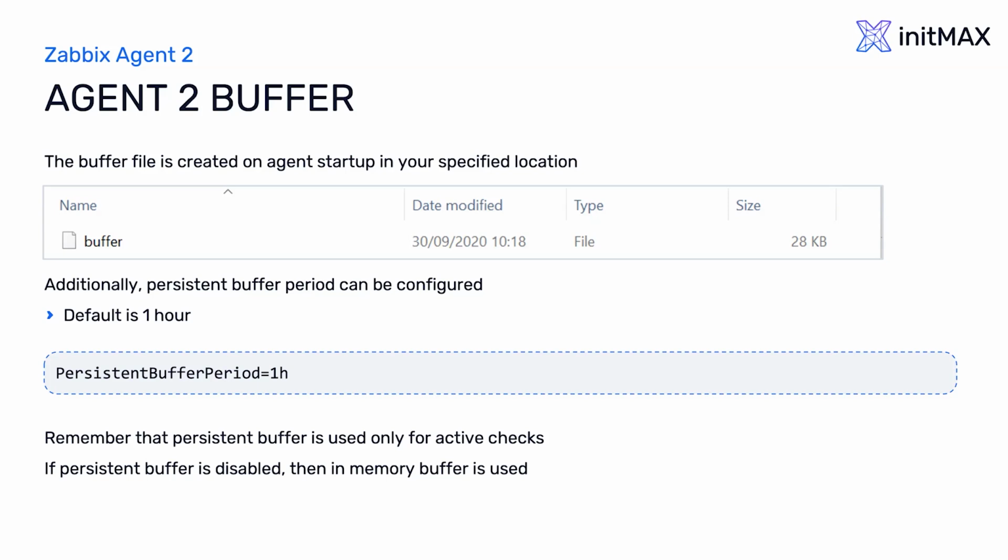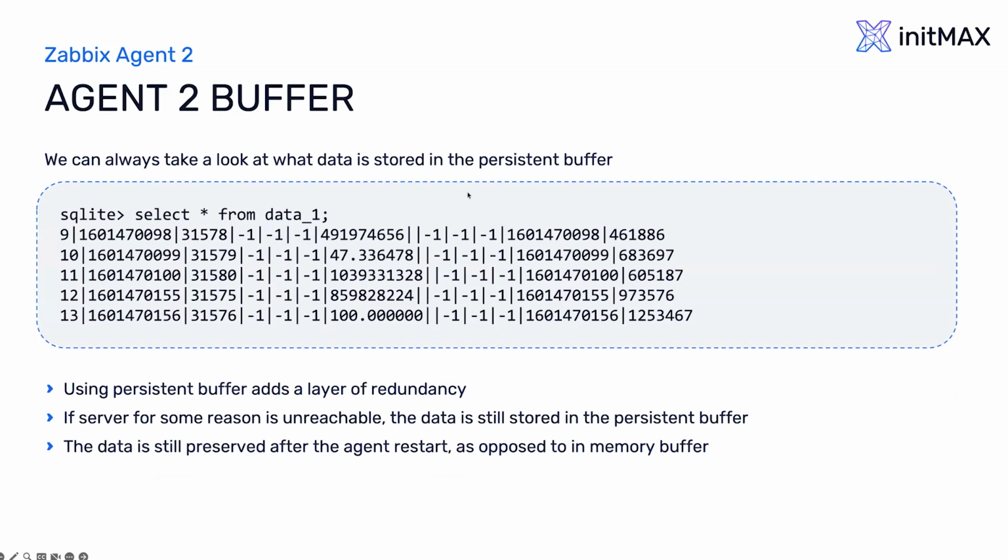However, if we use active checks, then all of the connections are outgoing and it's much easier to maintain and manage all of that from the internal network.